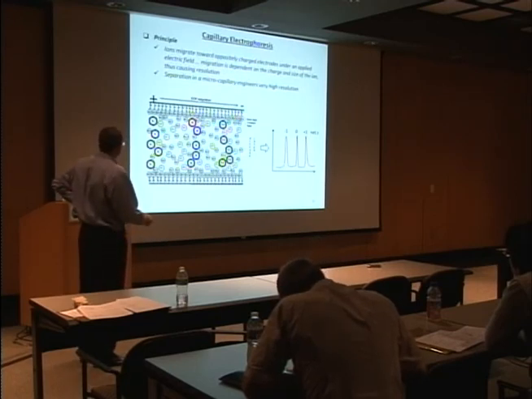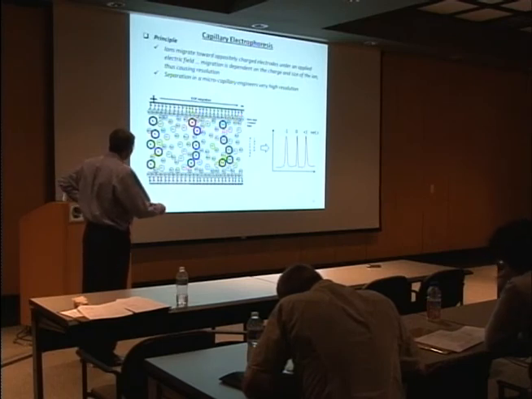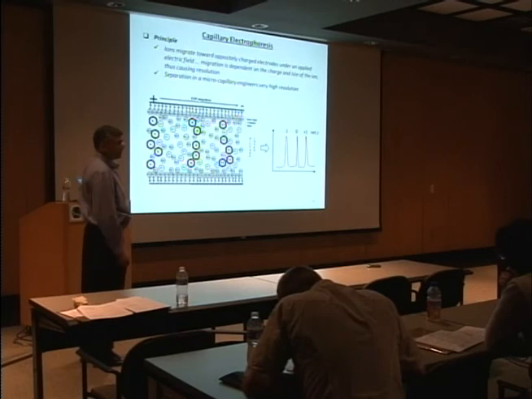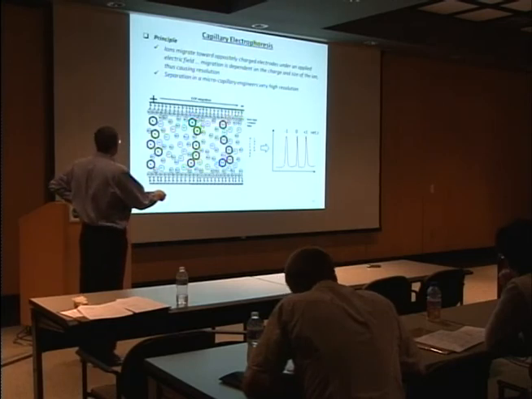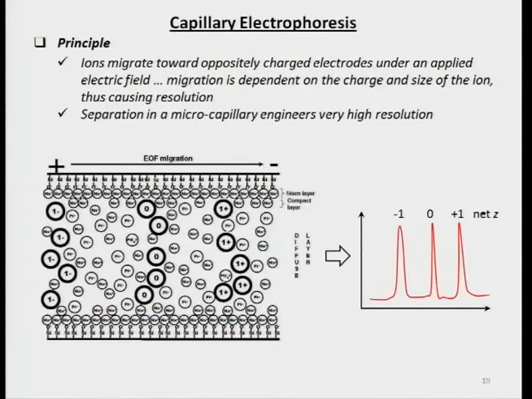That electro-osmotic flow gives a defined direction to the flow. So it's not just dependent on the migration of positive ions to the negative electrode and negative ions to the positive electrode. It's not just that, which is the electric field migration. The overall flow moves in one particular direction, so it carries everything together.